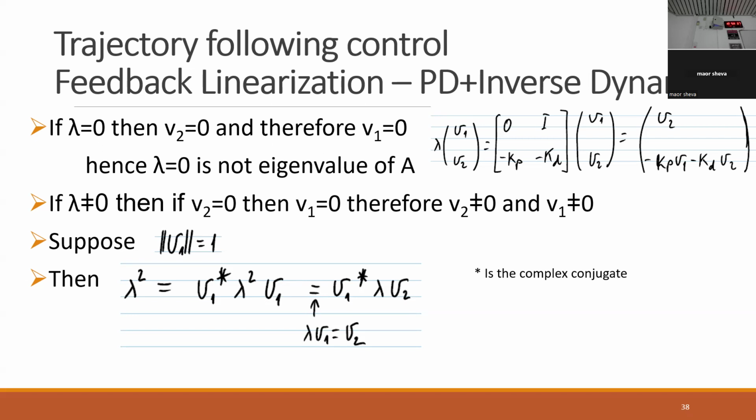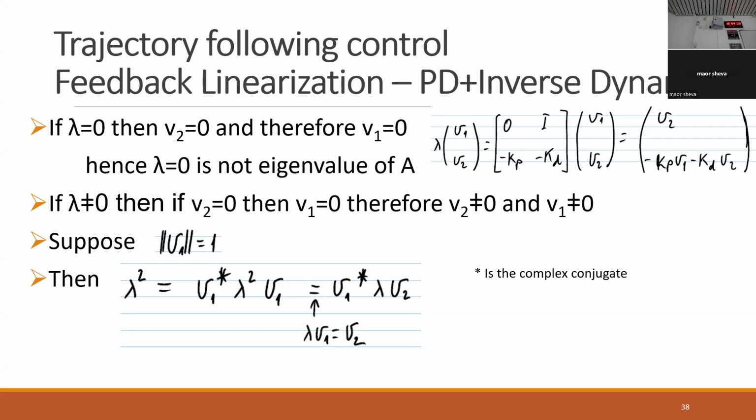You probably remember in algebra that an eigenvector, I can multiply it by any constant, and it will still be an eigenvector. Therefore, I can assume that the length of the V1 part will be 1. Just an assumption without loss of generality. It can be any number that I want.